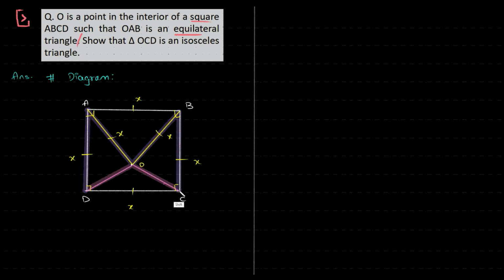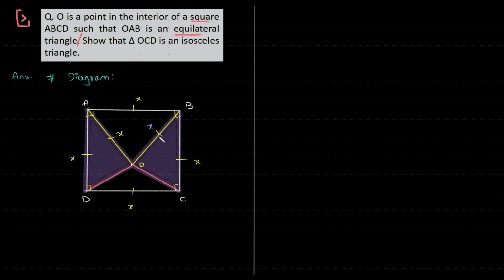Think how? Where am I taking this conversation towards? Yes, I'm thinking of congruency. It's clear. These two are congruent, right?